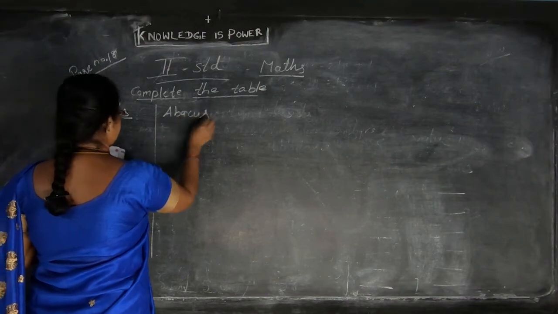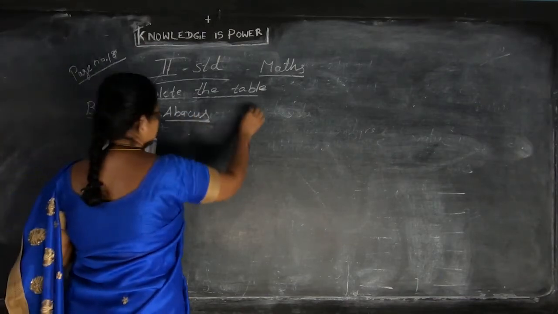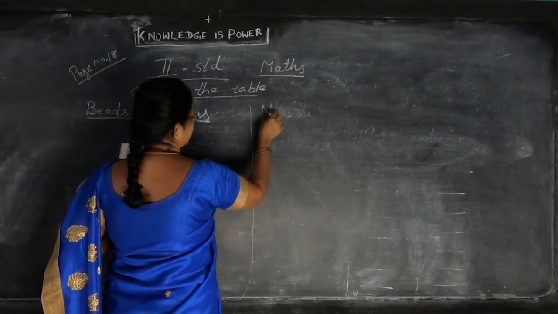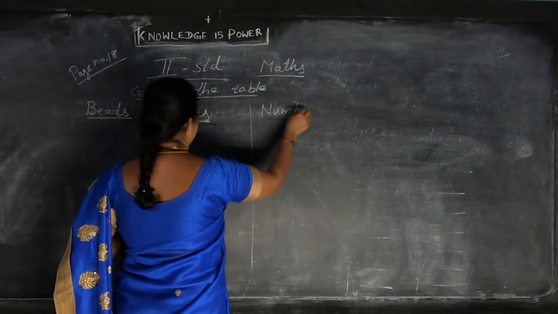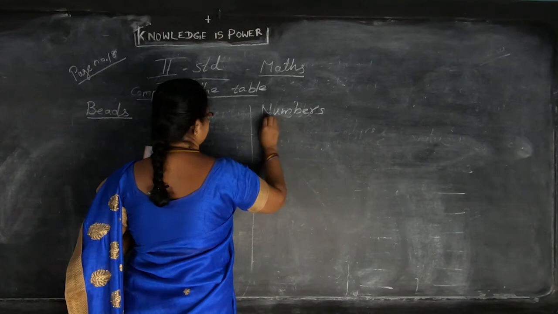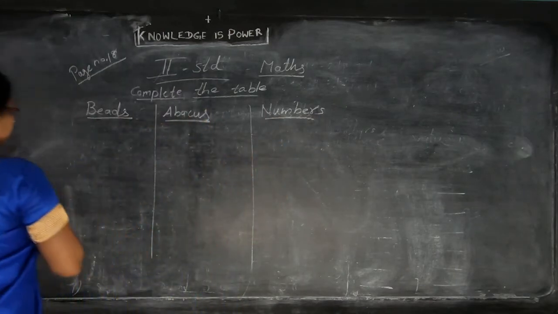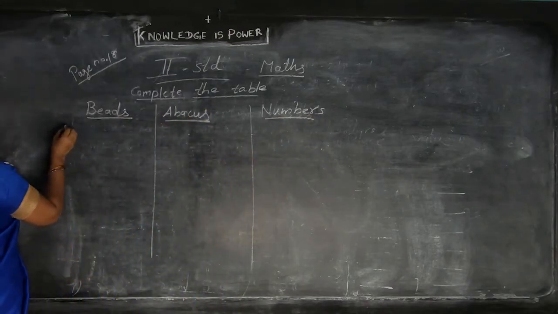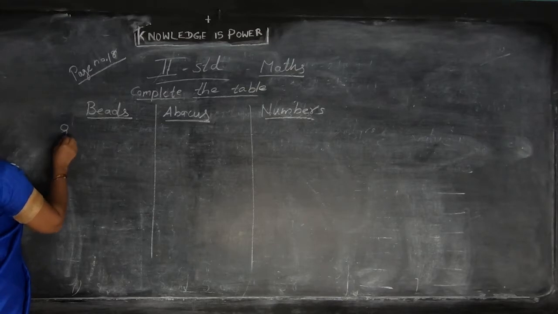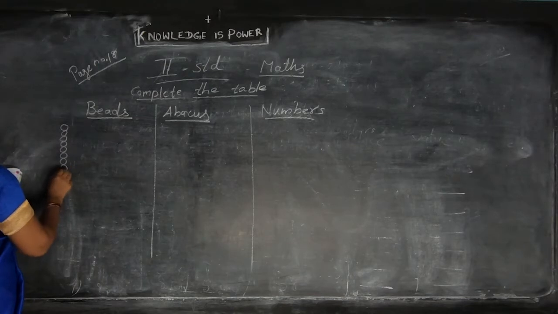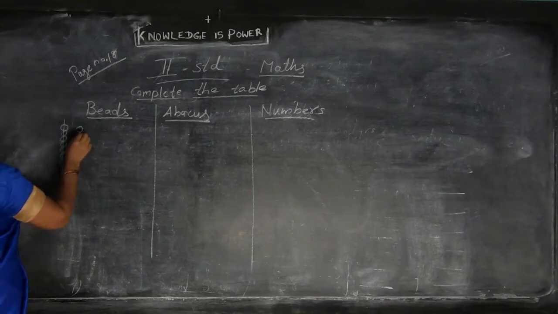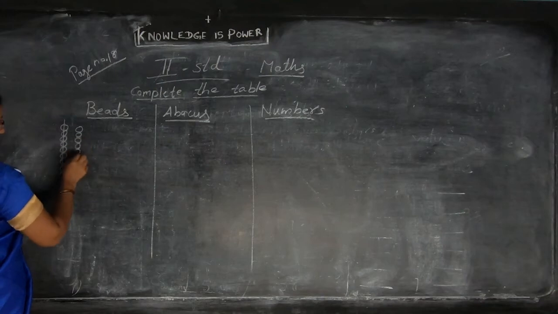This is abacus. Now this one number. See here children, I am going to draw the beads now. 1, 2, 3, 4, 5, 6, 7, 8, 9, 10.